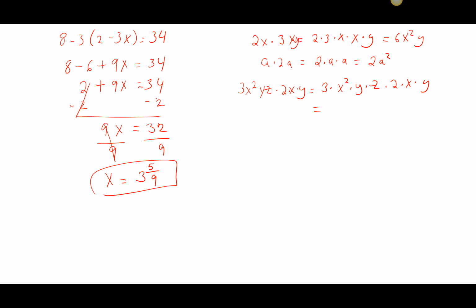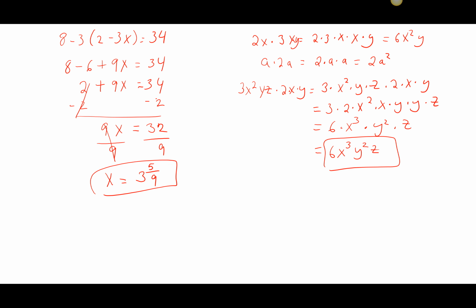So that's going to be 3 times 2 times x squared times x times y times y times z. All I'm doing is rearranging it so all the like terms are together. So that's going to be 6 times x cubed, because x squared times x is x cubed, times y squared times z. So when you put this together, it's 6x cubed y squared z.